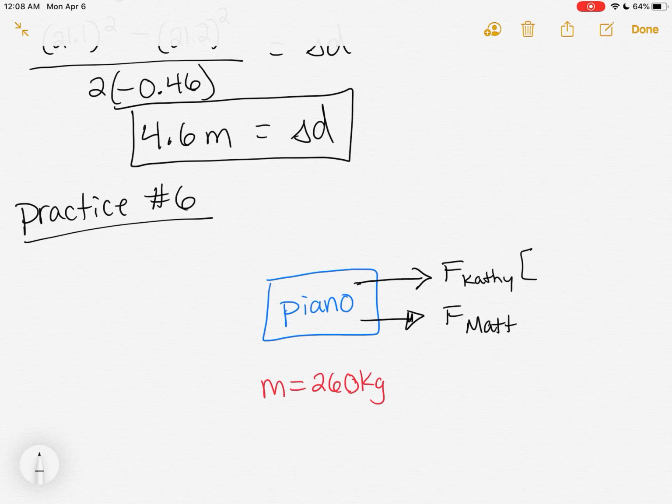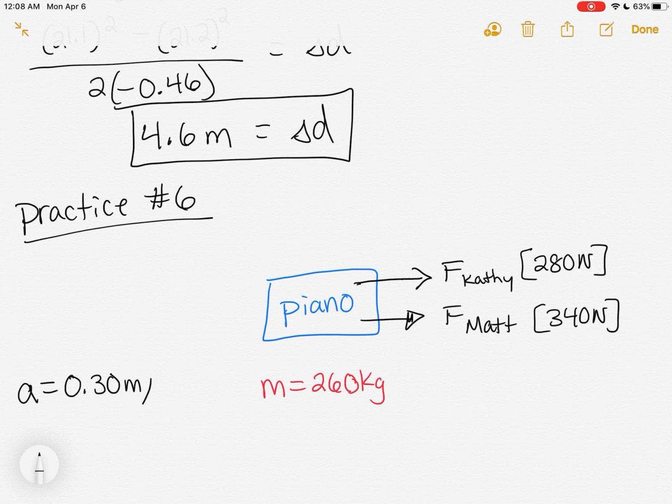And so Kathy's force is 280 newtons, and Matt's force is 340 newtons. And we are told that the piano is accelerating at 0.3 meters per second squared, and we're using the right as our motion. Okay, so in this case, we're looking for the coefficient of kinetic friction.